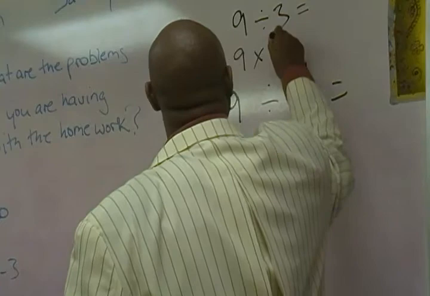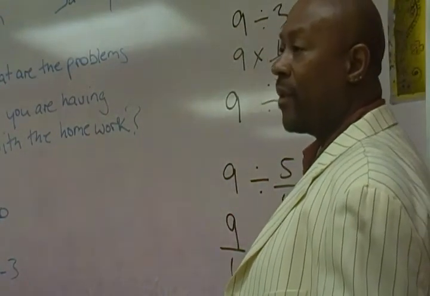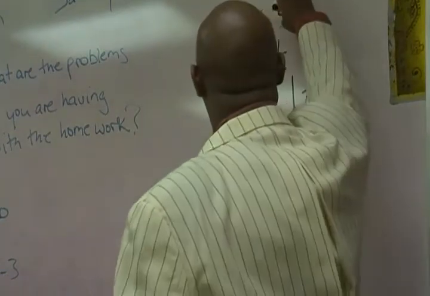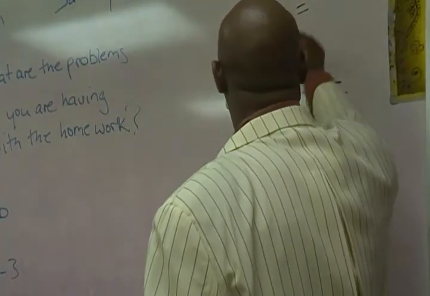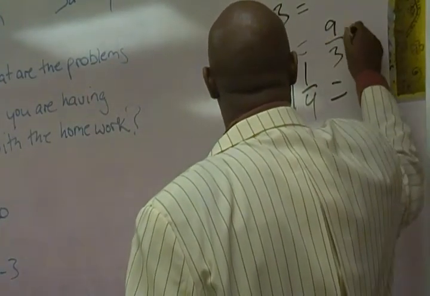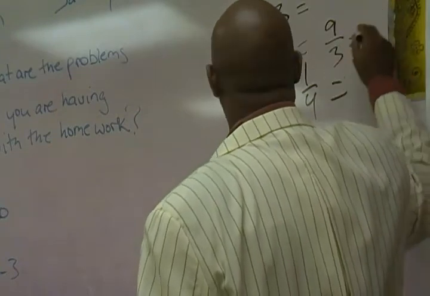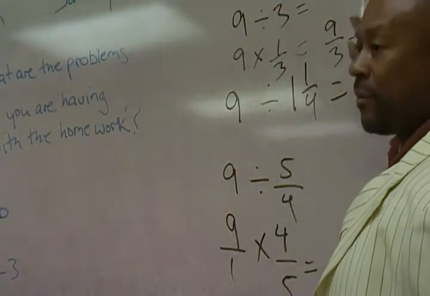It's going to be 1 over 3, because we're flipping it. Remember I said any whole number is over 1. So once you flip it, now it's 9 over 3, which equals 3.